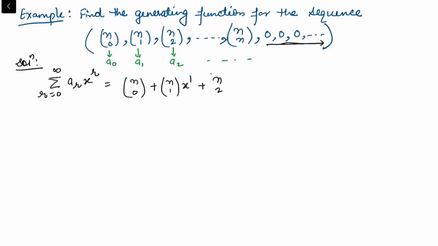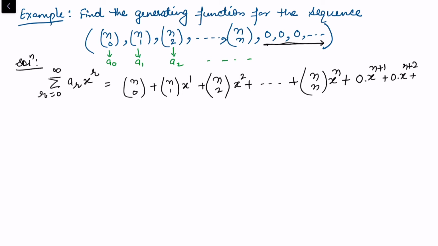Then we take n choose 2 multiplied by x square, and we continue like this, n choose n, then x raised to the power n, plus, now here you can see that the remaining terms are 0. So we have 0 times x to the power n plus 1, plus 0 times x to the power n plus 2 and so on. So all the other terms are 0. That means we get a finite series here. So this is initially infinite, but this infinite series turns out to be finite.